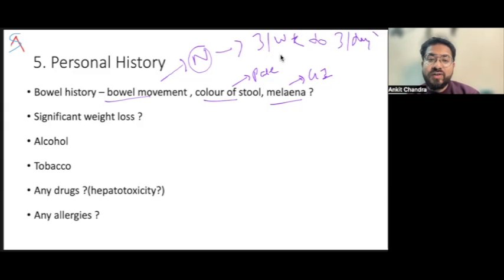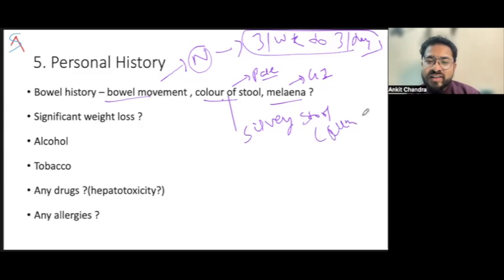It's completely normal. Pale stool will be there in case of obstructive jaundice. It is generally seen with ampullary carcinoma or pancreatic carcinoma. They might have a silvery stool, like aluminium foil color.